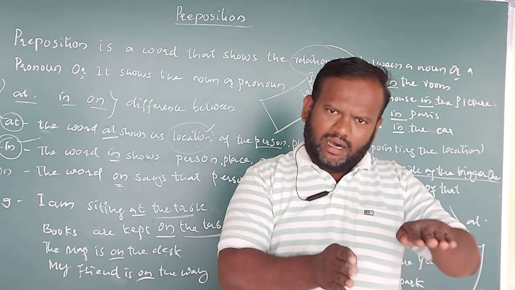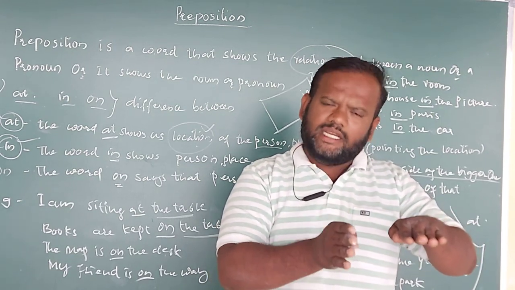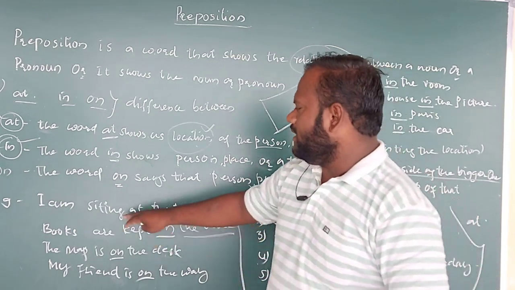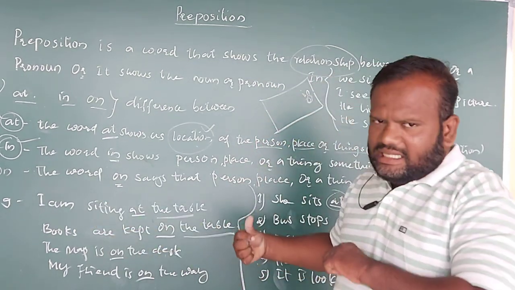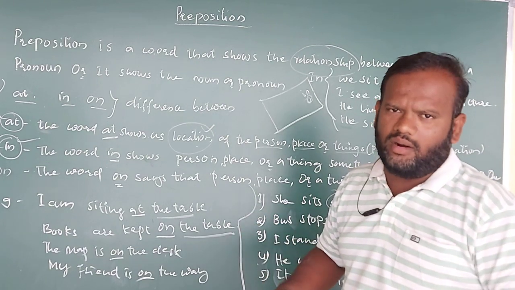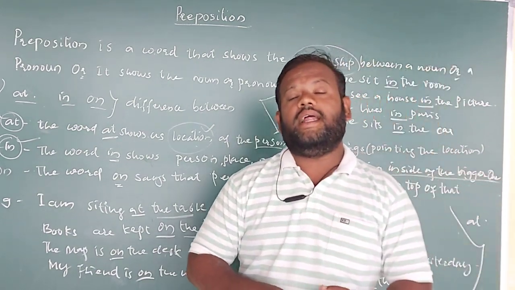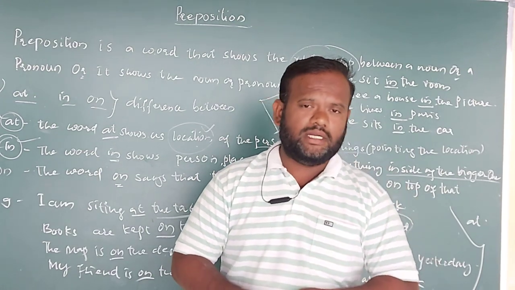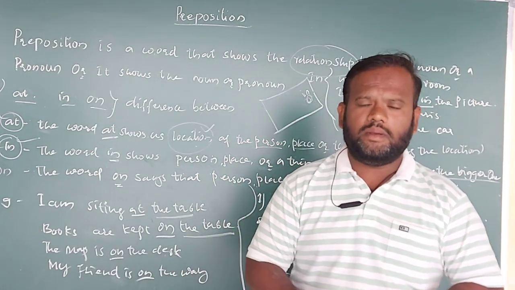The table is quite near to the chair, therefore we are using at. So the phrase is: I am sitting at the table. This is perfectly all right. We should not say that I am sitting on the table. If you do, the restaurant owner may call the police and you will be thrown into jail.